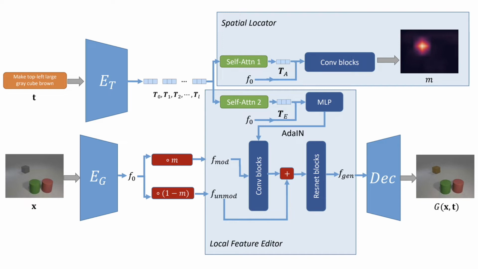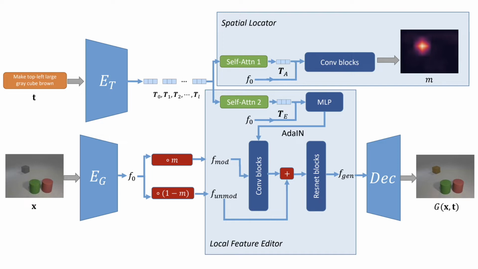We use the first self-attention module to get text features for where to edit, and then we generate our saliency map M. In the middle bottom part, as you can see, it's the local feature editor, where we edit the cropped image feature using the instance normalization parameters, and then we add it back with the unmodified part.